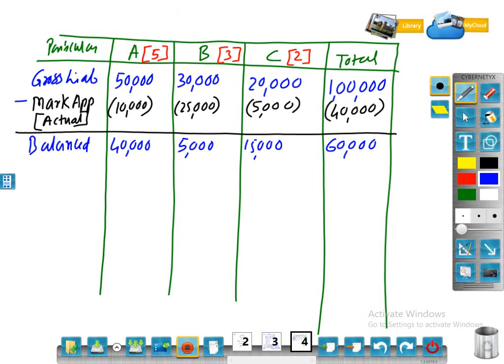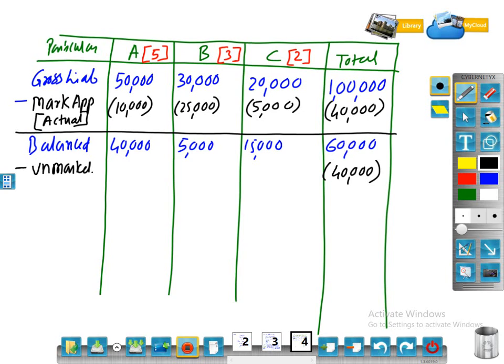So here less unmarked, total unmarked 40,000. Now please pay attention here. The unmarked application you have to divide in which ratio? Again, gross liability ratio, the GLR ratio.